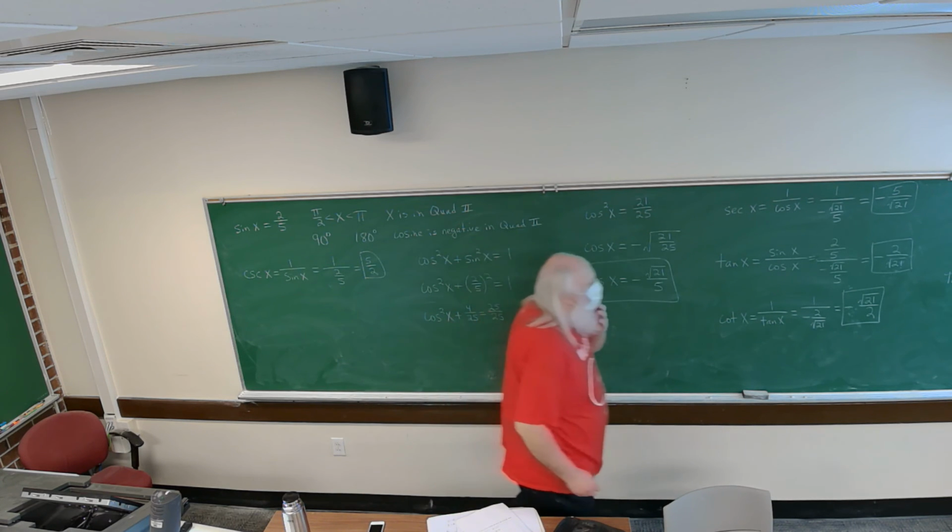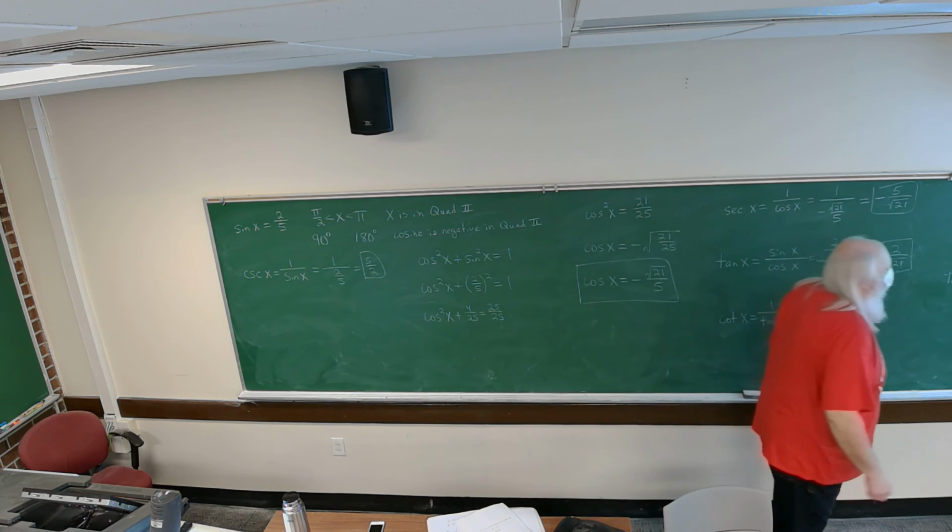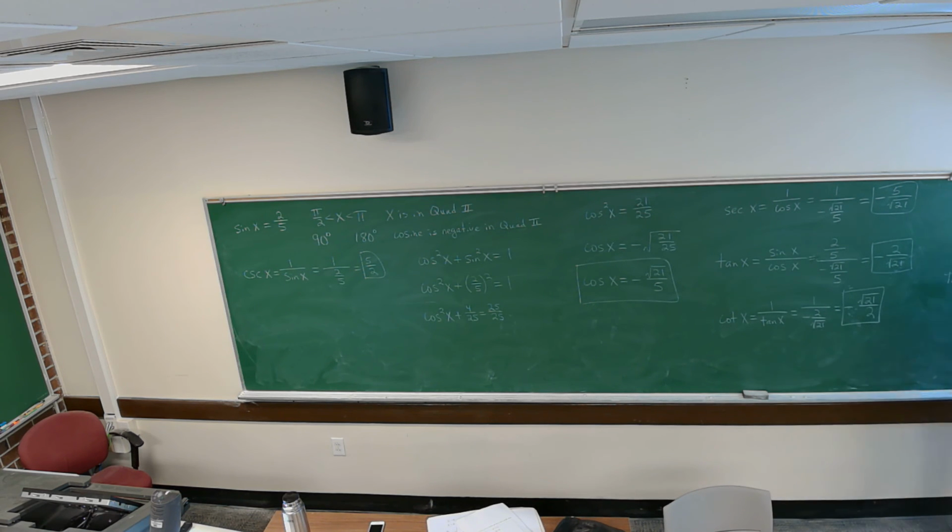Alright. So an oblique triangle has no right angle. You guys are probably familiar with what a right triangle is, right? A right triangle has a 90-degree angle in it. An oblique triangle has no 90-degree angle. So here's an example of an oblique triangle, and angle A here is clearly greater than 90 degrees.